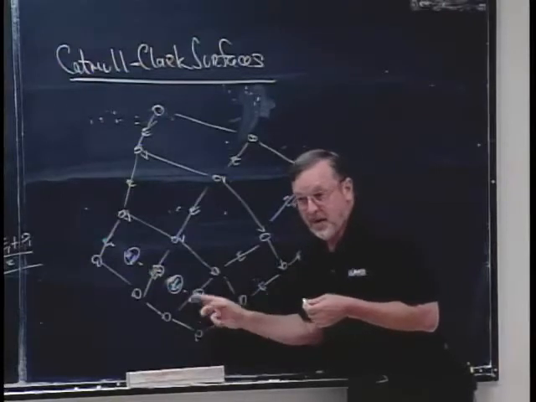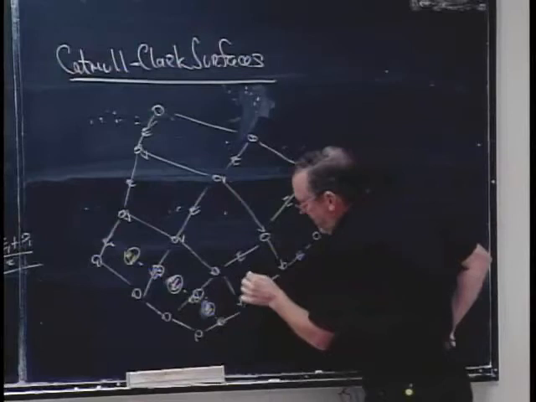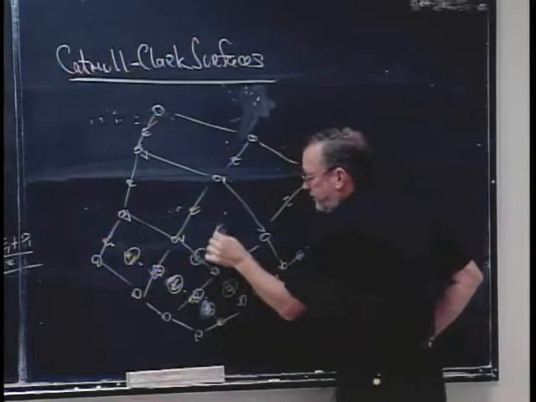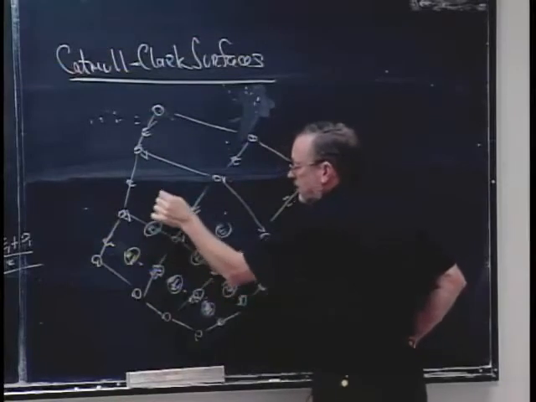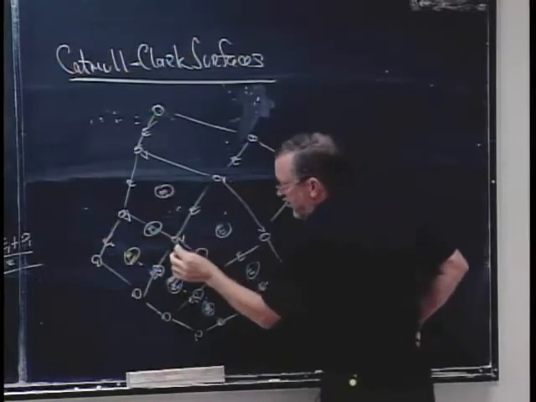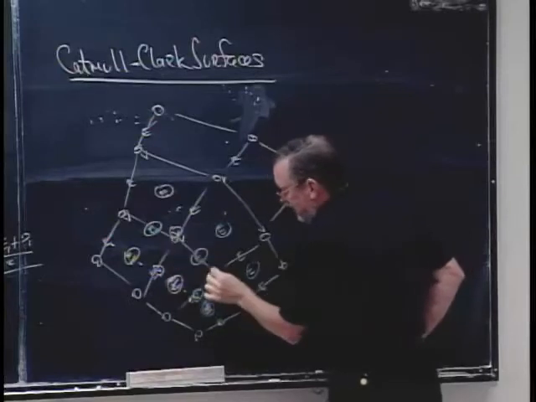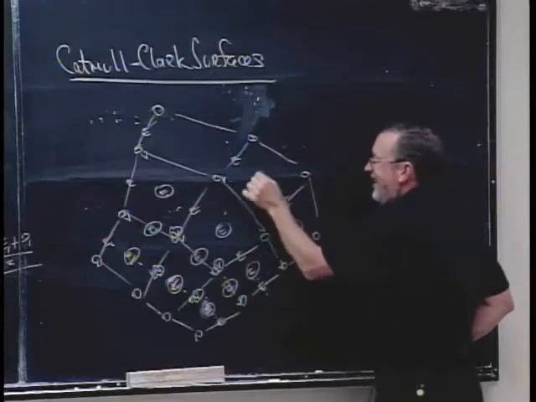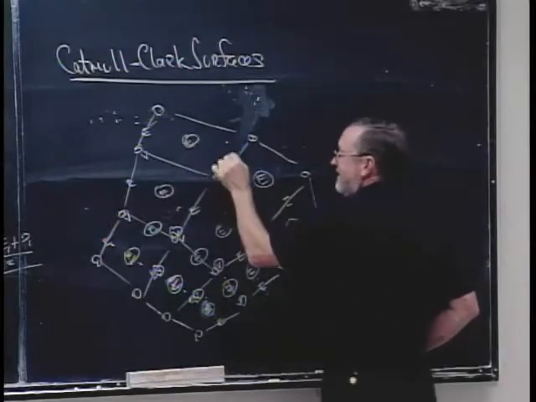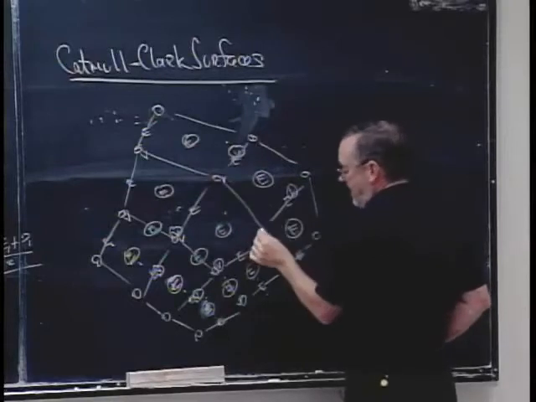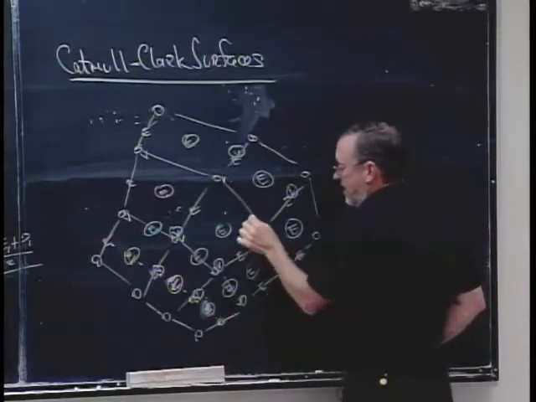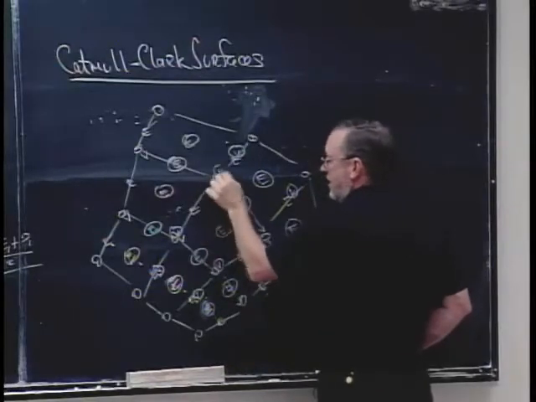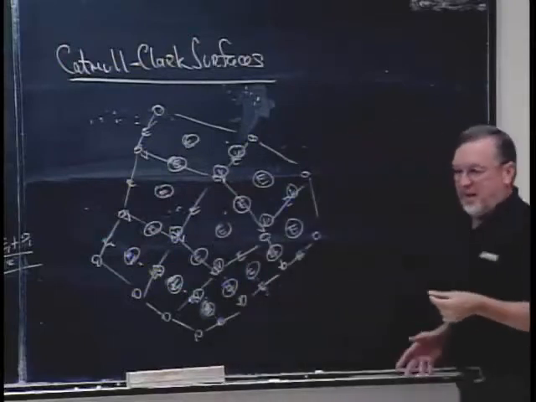So you do it all on the same thing, and you get these new edge points here, and these new vertex points right here from these curves going in. And you get this big mess.